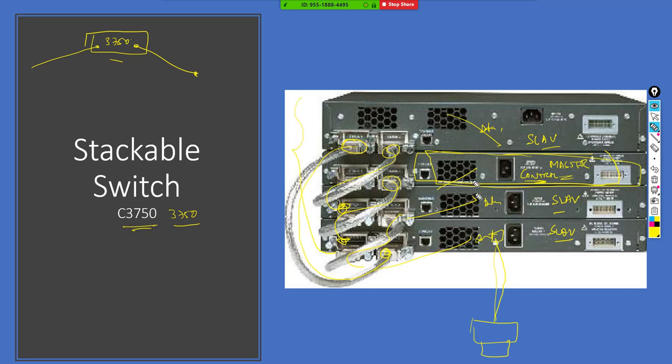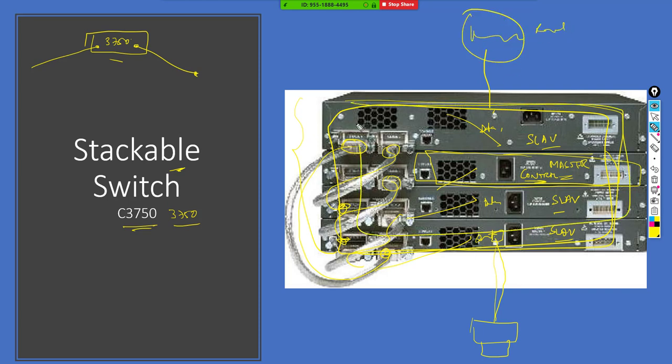He will not come to know that he is connected to a technology where four devices are in a stack concept. He will just see this entire box as one switch. Okay, and this box has a router connected upstream, and the router will also take this as a single box only. It's only these switches which know who is slave, who is master, what decision is happening, or what is happening inside this.